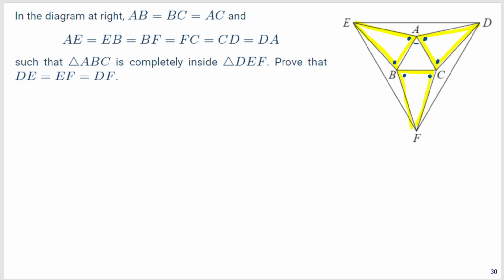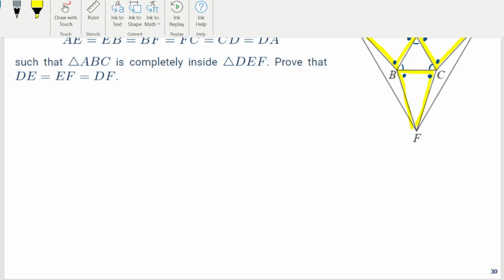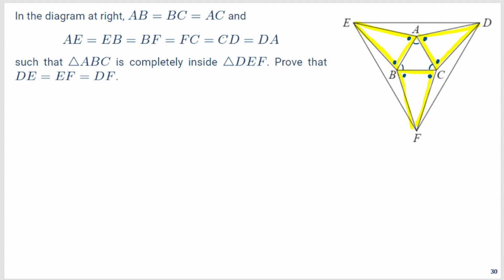And we also know this angle is 60 degrees, this angle is 60 degrees, this angle is 60 degrees. Therefore, this angle here equals this angle here equals this angle here, right? Each of them is just 360 degrees minus the two little blue dots, minus the little blue arc, which is 60 degrees.